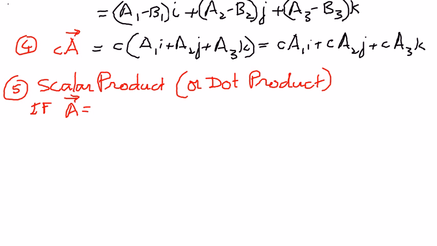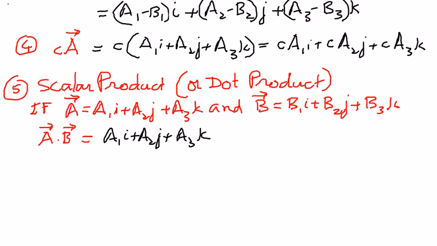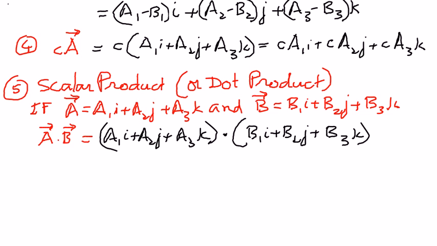Once again, if we have two vectors, if A is a vector with components a1i plus a2j plus a3k, and if B is another vector with components b1i plus b2j plus b3k, then the scalar product or the dot product is written as vector A dot vector B, and we can expand this as follows: a1i plus a2j plus a3k dot b1i plus b2j plus b3k, right?